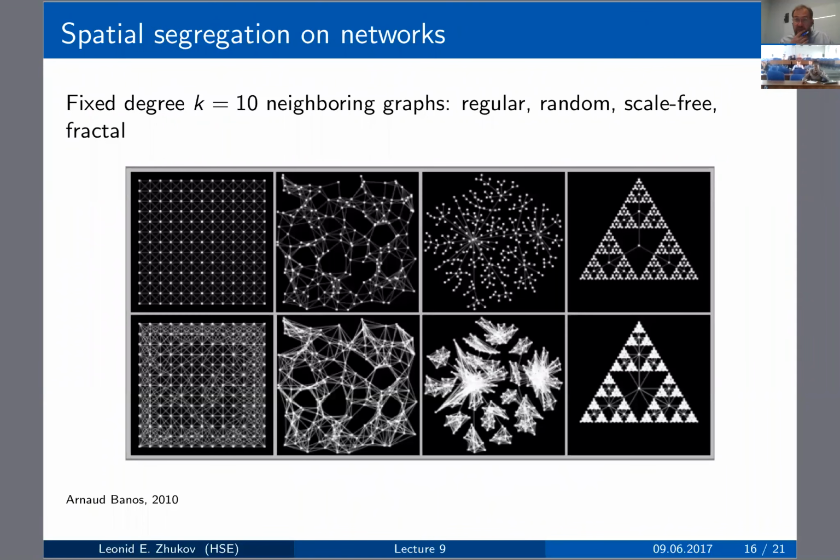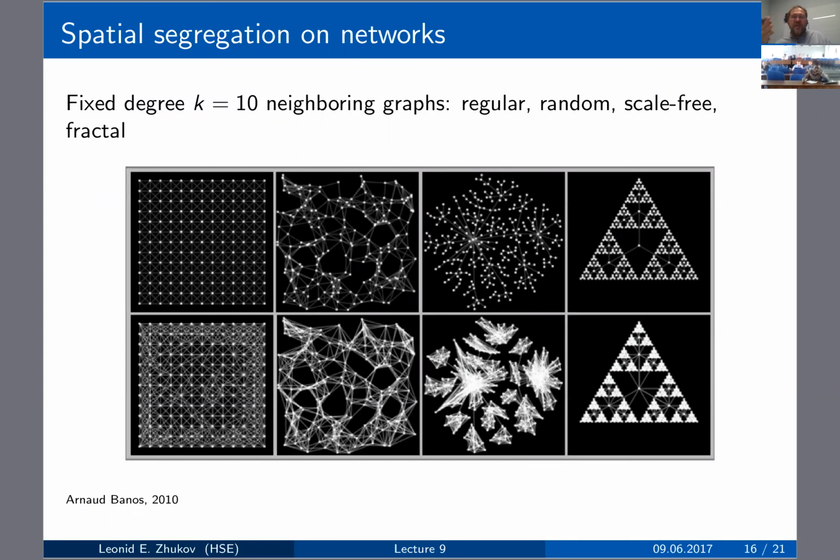So moving forward, as I said at the beginning of the lecture, the original model proposed by Schelling was on a grid with cells. There has been a lot of recent interesting work on taking this model and applying it to networks.